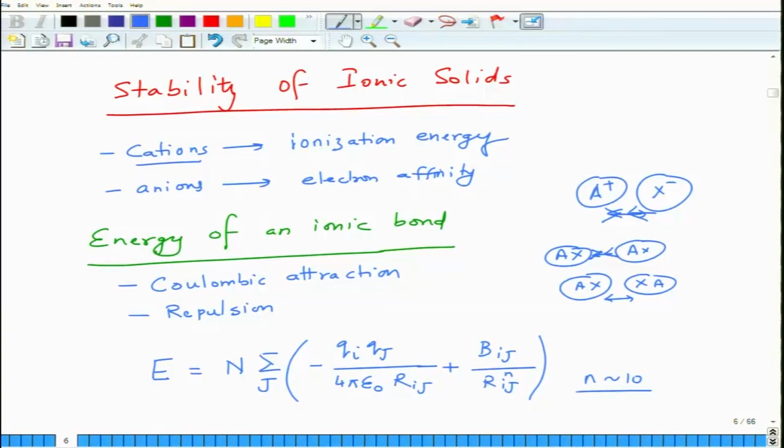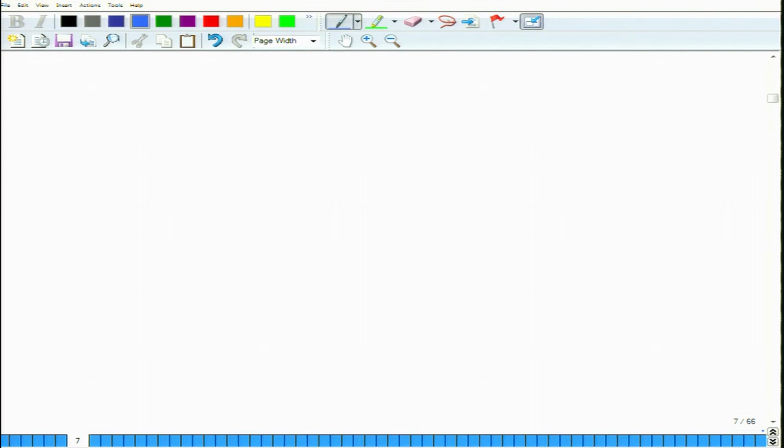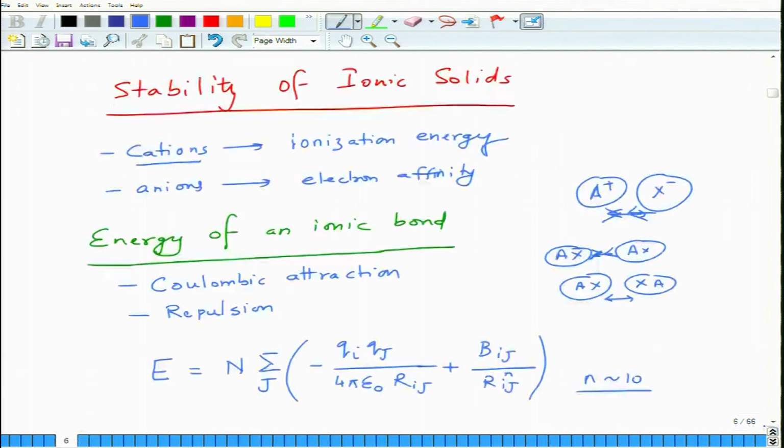So this will eventually give you an energy landscape. Basically you have two terms here. The first term goes as minus 1 over r, and the second term goes as r to the power n. It is the combination.